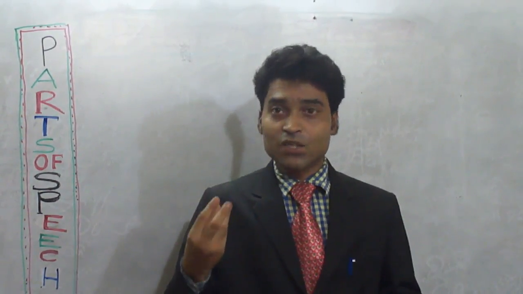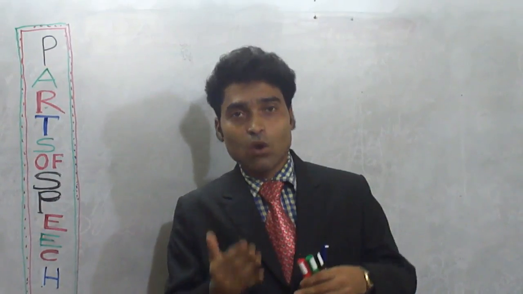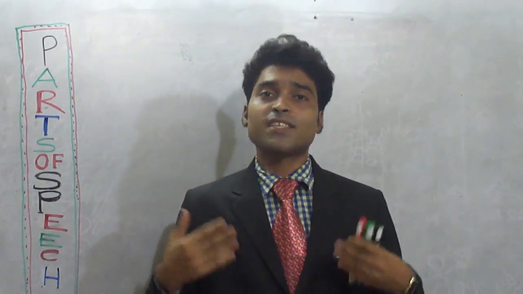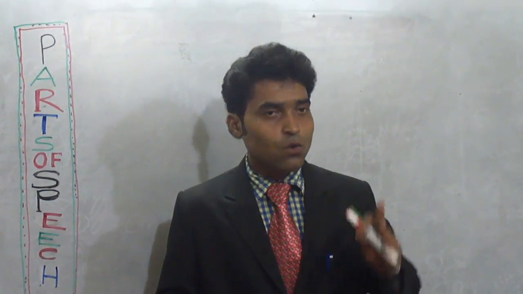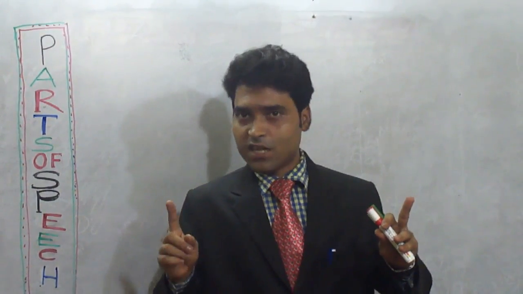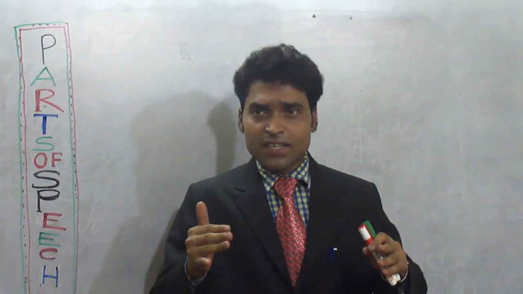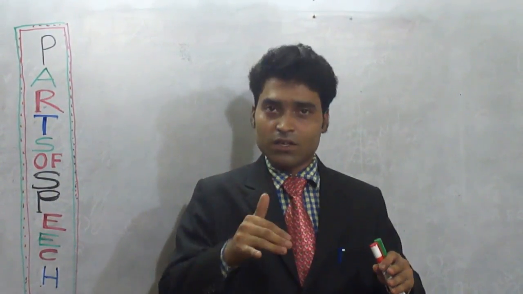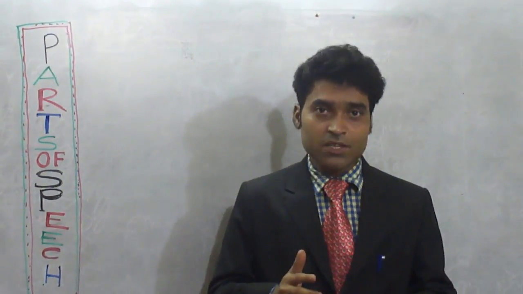And a group of words, combined to express a complete sense, is known as a sentence. So sentence is clear, word is clear. And what is speech? Speech comprises sentences and sentence comprises words. And here we are having our class, parts of speech.